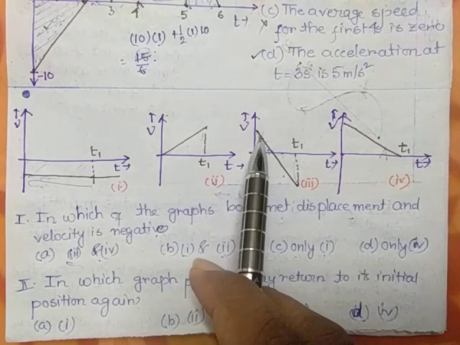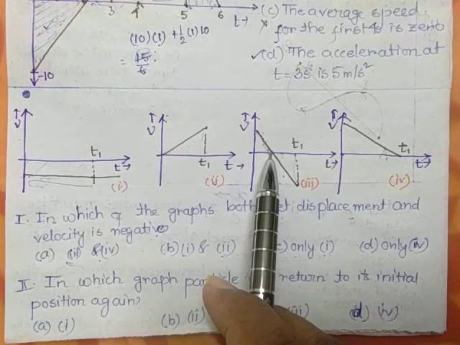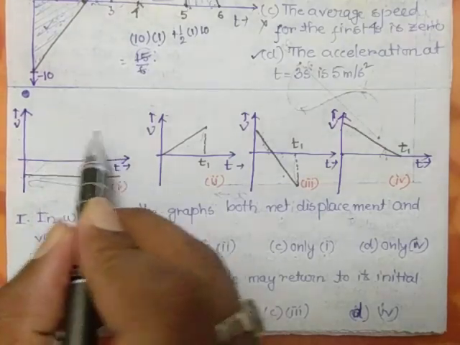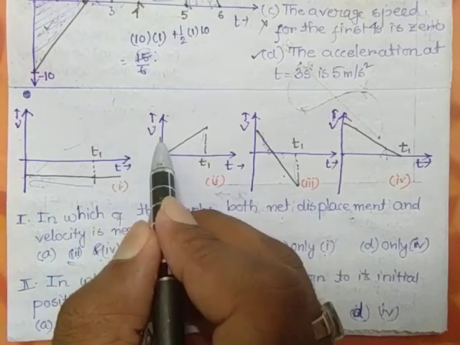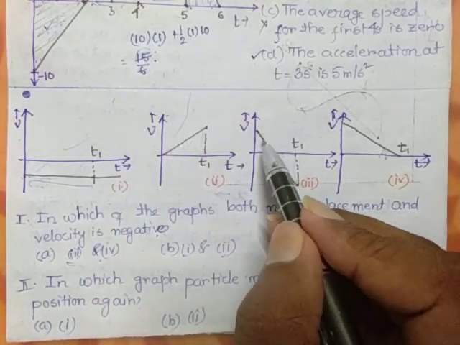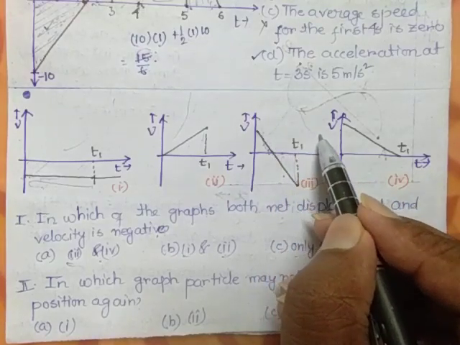But here, if we say that it is decreasing from positive, velocity becomes 0 and then negative. If I write down the displacement versus time curve for each of it, it will be parabolic. It is at first increasing and then it can be decreasing.